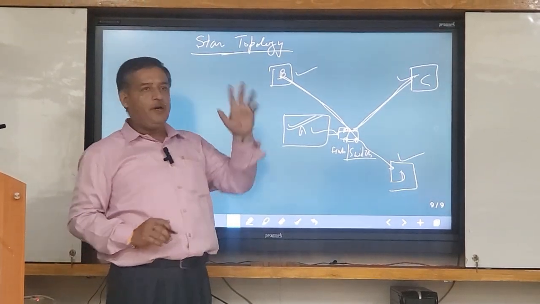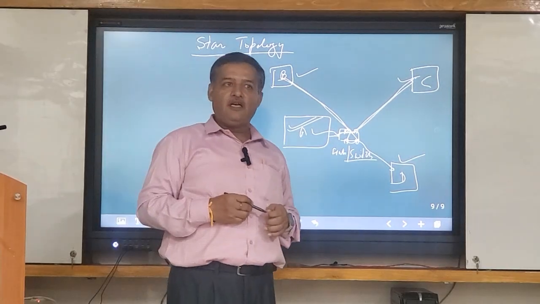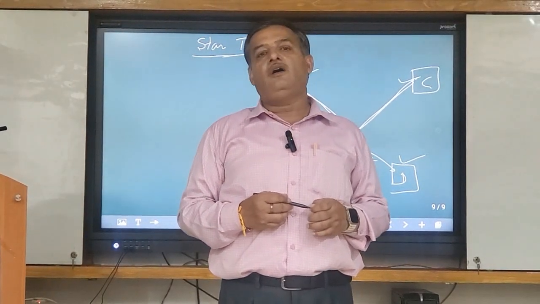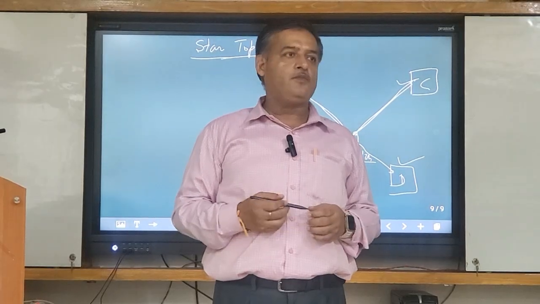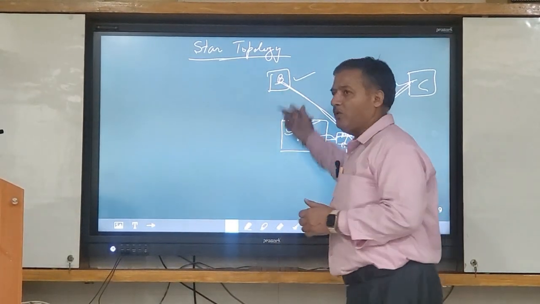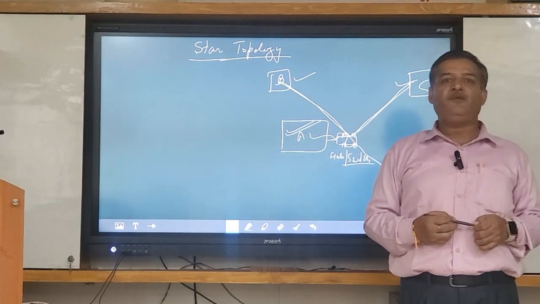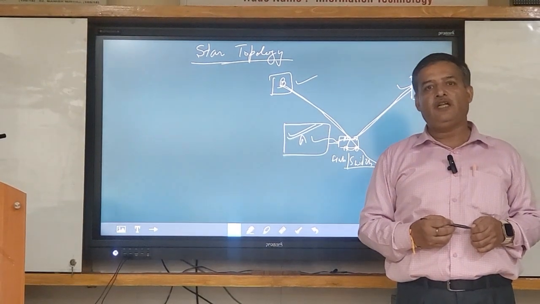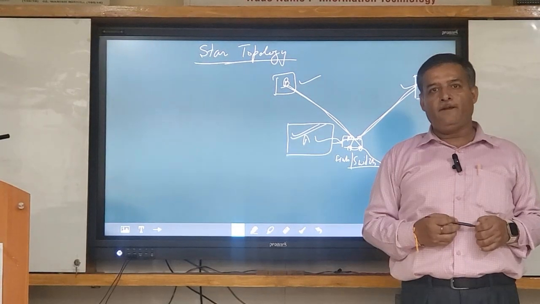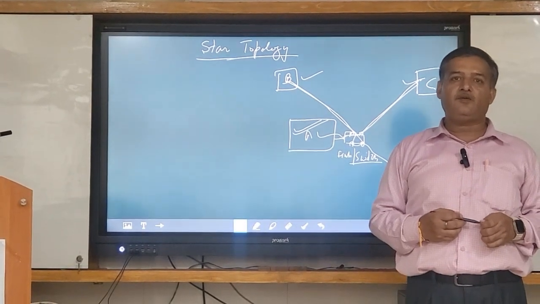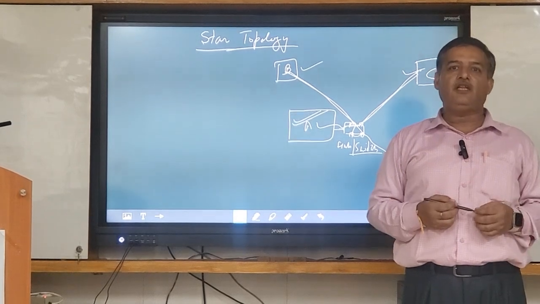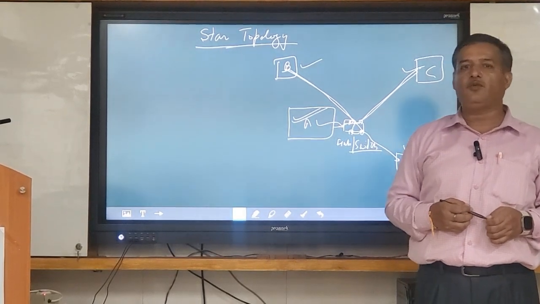So this is a way, but again I will say that in computer labs, basically in colleges and institutions like ours, generally people prefer star topology, and whenever you are having a hub or switching system like this for installing the network, you can undoubtedly say that you are using the star topology there.